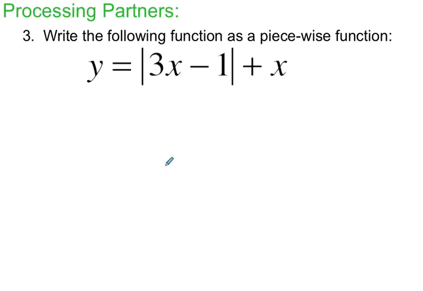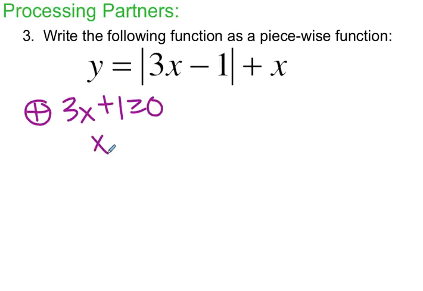So we have absolute value of 3x minus 1 plus x. So the positive would be if I just take what's inside, greater than or equal to 0, and I get x is greater than or equal to -1/3. And for the negative, I'm going to get the same thing, but x is less than -1/3.